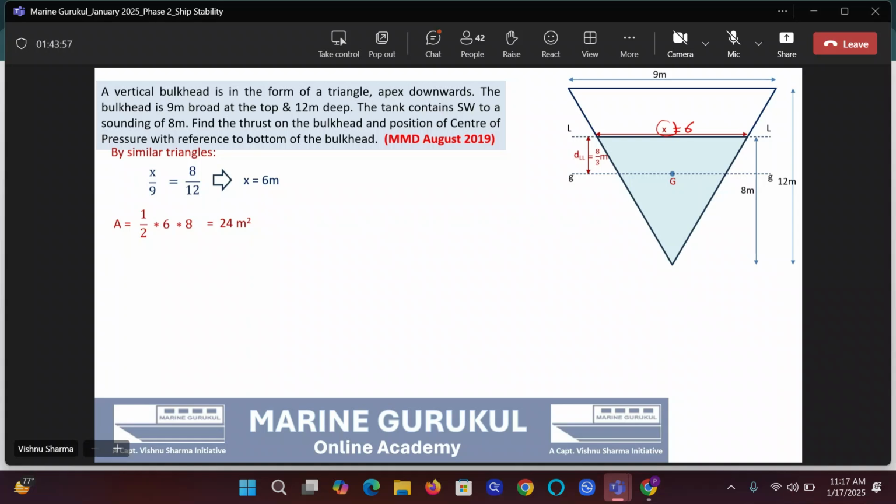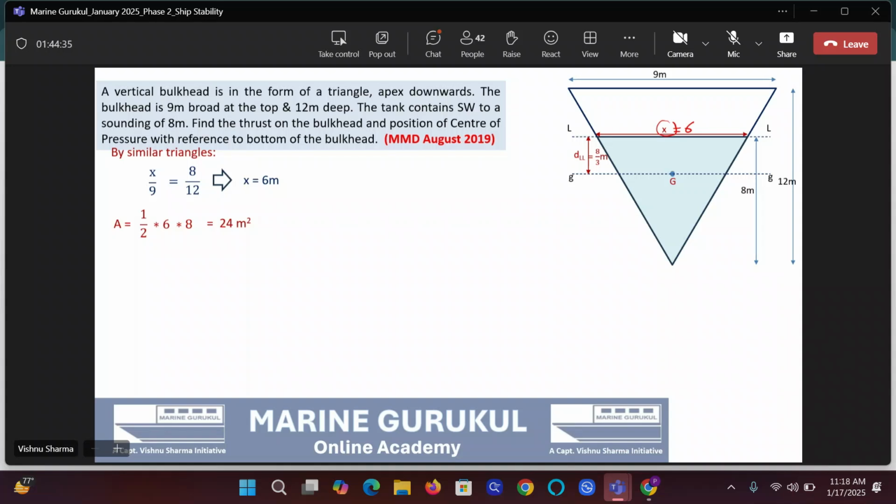Yes, sir. Okay, so you got thrust that way. Now, what will be the thrust now? The same way. What is DLL? How much is DLL, Samir? Sir, DLL 8 by 3, into density. What is the density in the question? In this question, sir, no density, so seawater, 1.025.